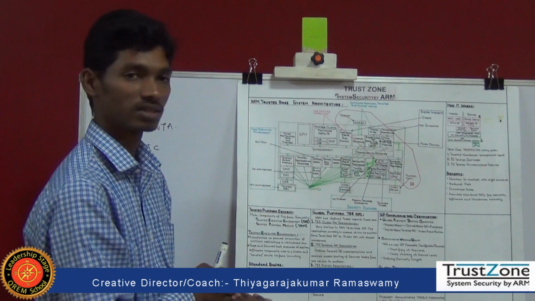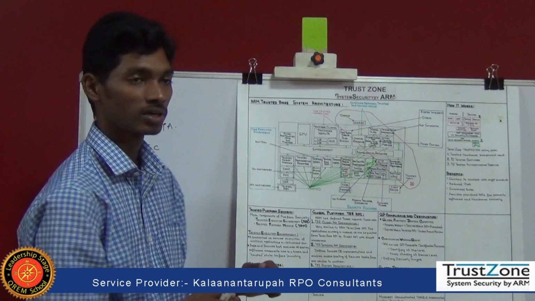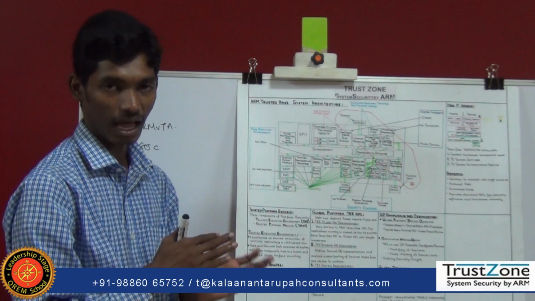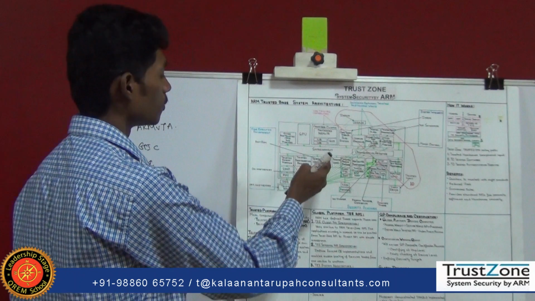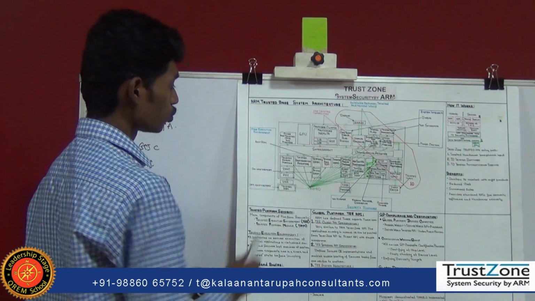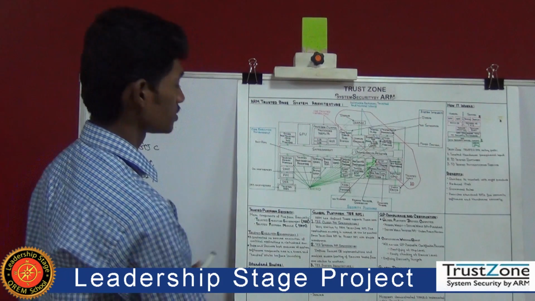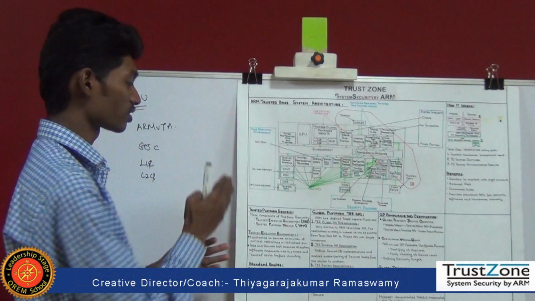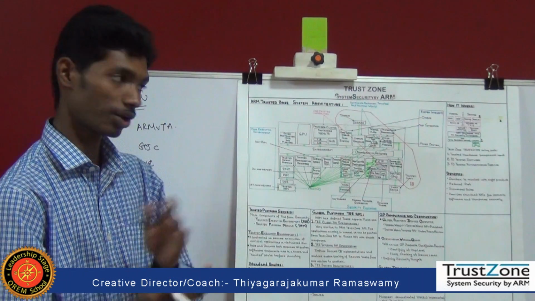And next is trusted SRAM. SRAM is nothing but static random access memory, which is used to store the data in a static manner. And trusted boot ROM. Boot ROM is nothing but a memory chip which is used to start the workstation from the server or from remote.